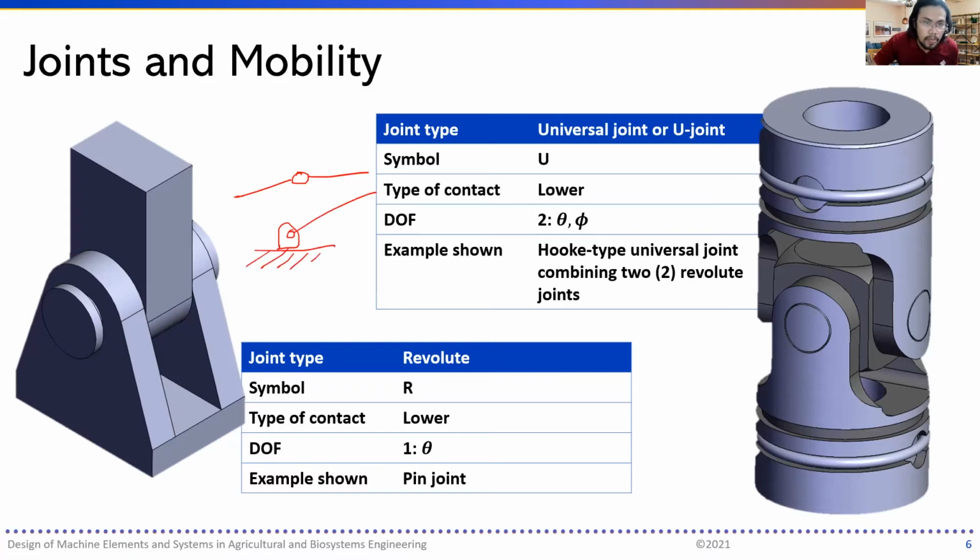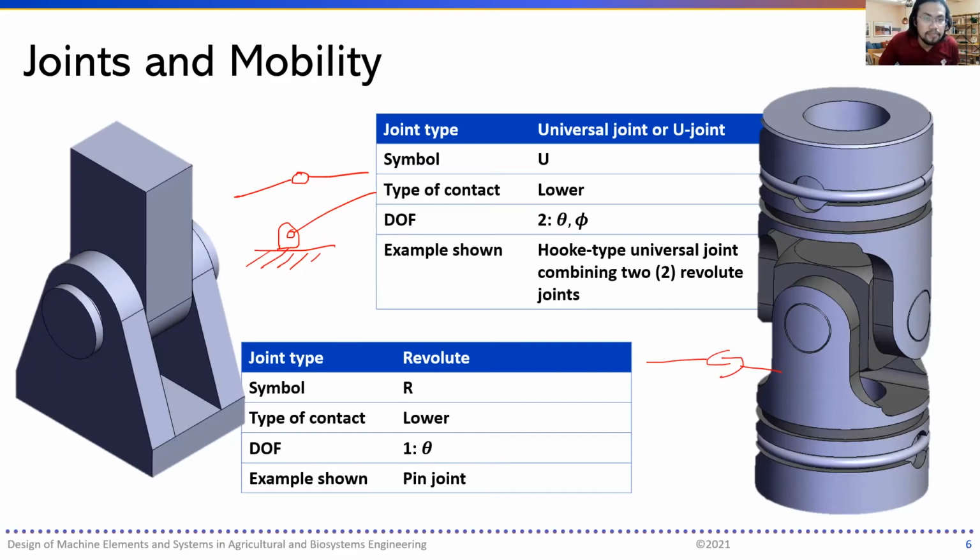That is a revolute. The universal joint is actually something like this. That is the universal joint.